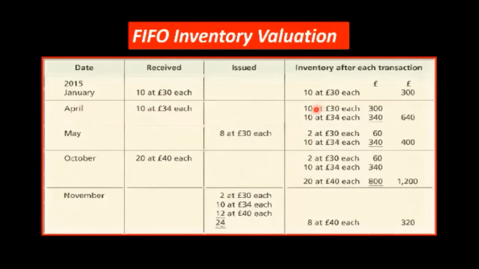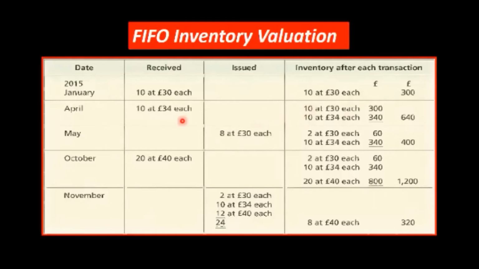And in our balance here now, we have this 10 that we bought here at 30 each, 300, and 10 at 34, this bought here. And together they make up $640. Okay, so notice how it is done. You write back all the stock that you have, and each purchase is done separate.